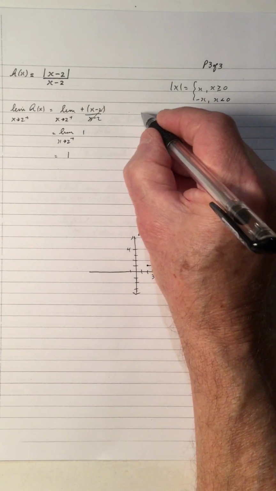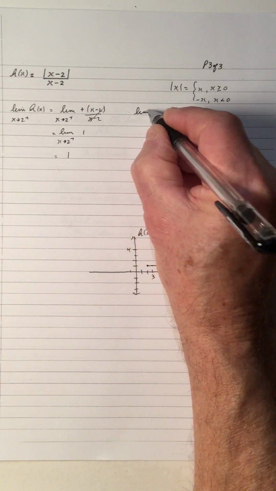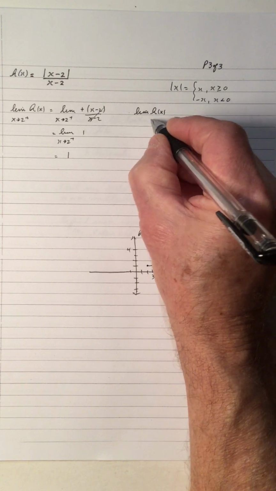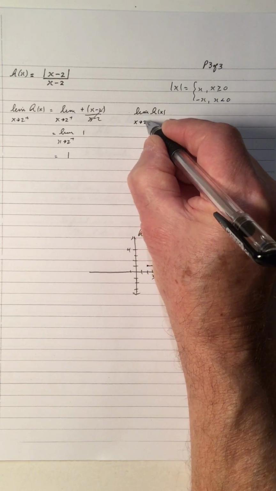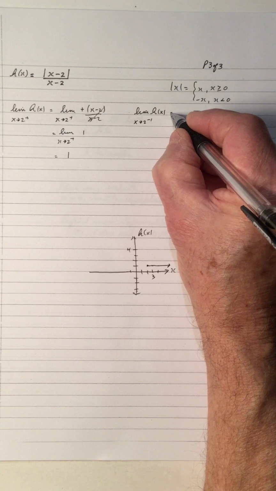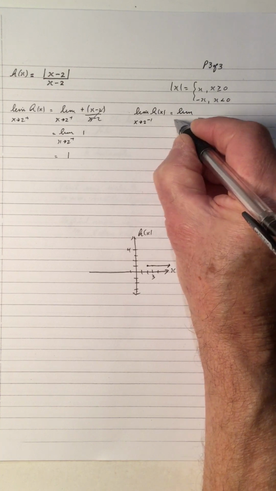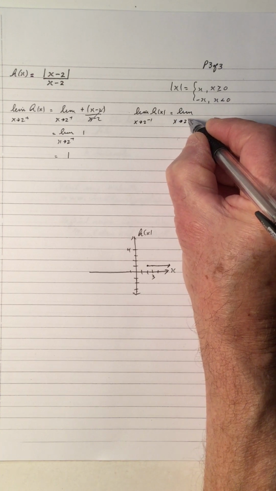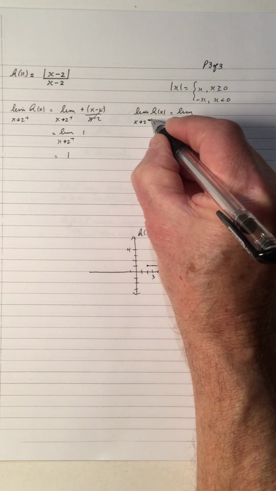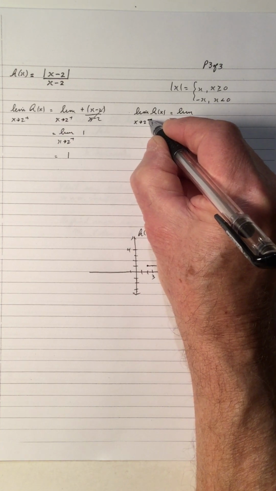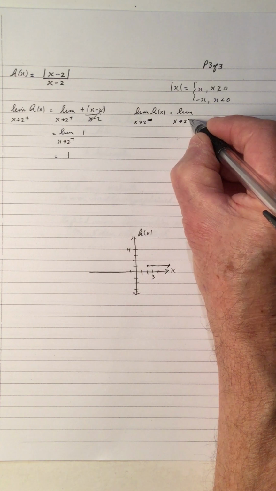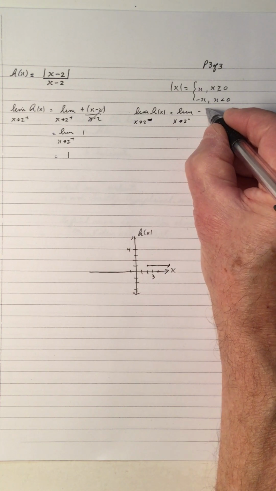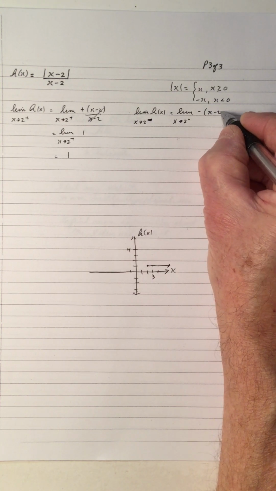Let's look at the limit of the h of x as x approaches 2 on the left side. So that's the limit as x approaches 2 on the left side, just a negative. Negative. So that's the negative of x minus 2.